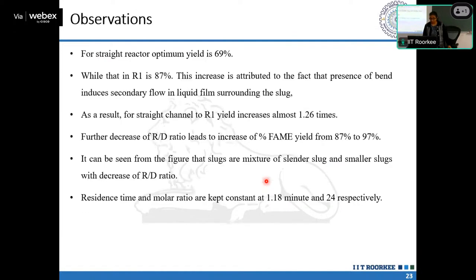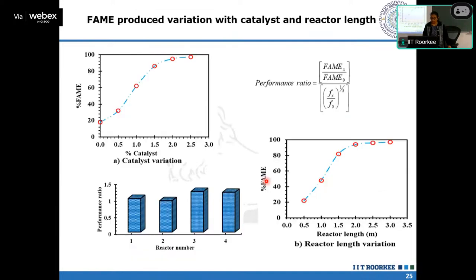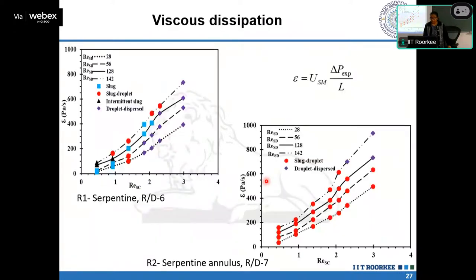This is all we have discussed, so let us skip this. This is the biodiesel we have produced and tested. So what type of reactor to select? What type of reactor to select?